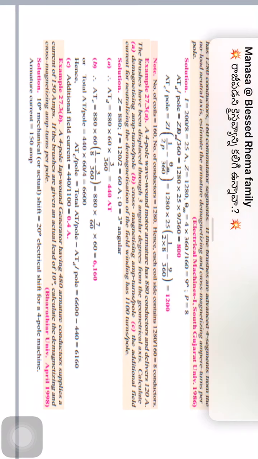Calculate the demagnetizing ampere turns per pole, cross magnetizing ampere turns per pole, and the additional field current for neutralizing the demagnetization if the field winding has 1100 turns per pole.